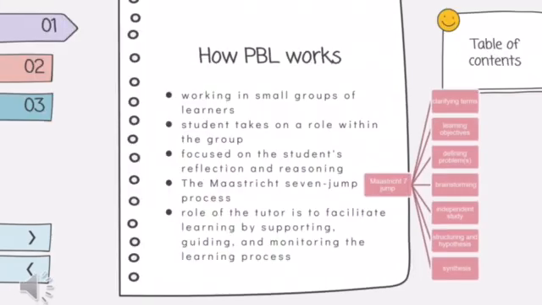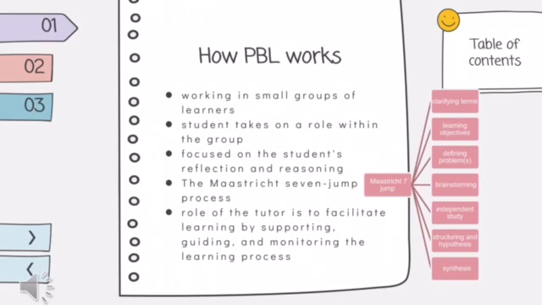So, this is how PBL works. The tutorial process involves working in small groups of learners. Each student takes on a role within the group that may be formal or informal, and the roles often alternate. It is focused on the students' reflection and reasoning to construct their own learning.